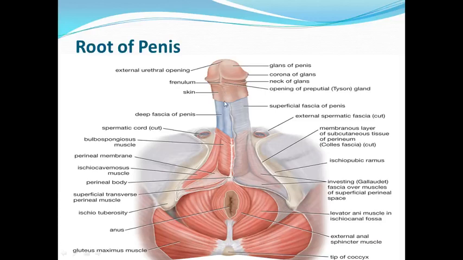On the ventral side, or undersurface of the glans, at the midline or median plane, there is a median fold of skin, which is called the frenulum. So if a question of 2 marks is asked, what is frenulum, you have to write that frenulum is a median fold of skin which is found on the undersurface or the ventral surface of the penis.